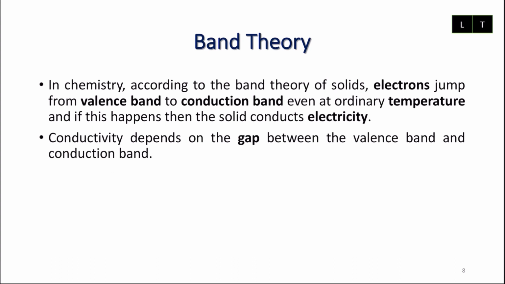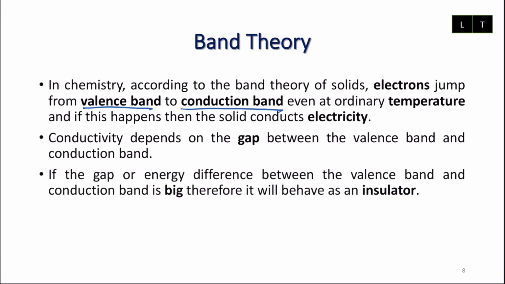Kita akan gunakan dua term ini, valence band, conduction band. So if the gap or energy difference between these two bands is big, therefore dia akan behave as an insulator. Maknanya dia tak boleh conduct electricity. Sekiranya gap itu kecil, maknanya electricity boleh lalu between the valence band and conduction band.